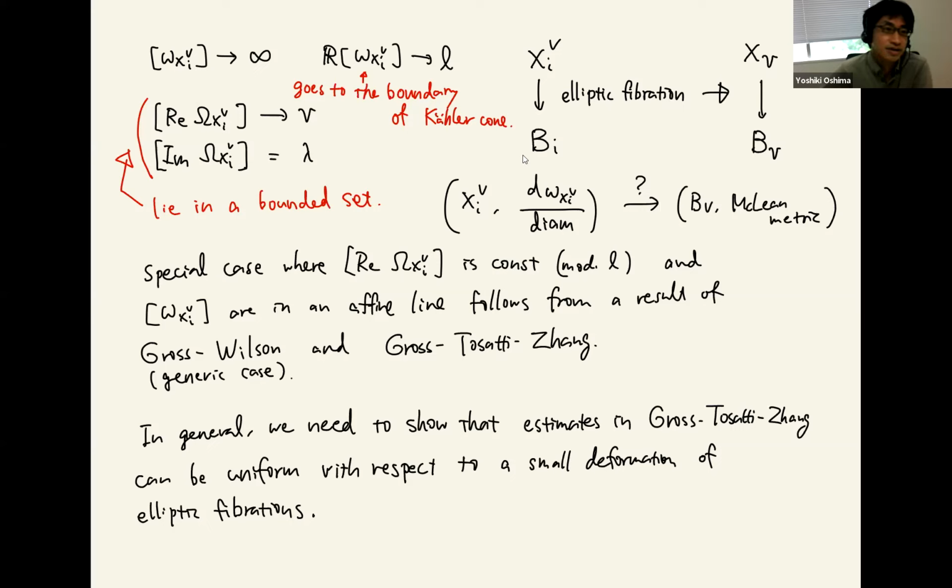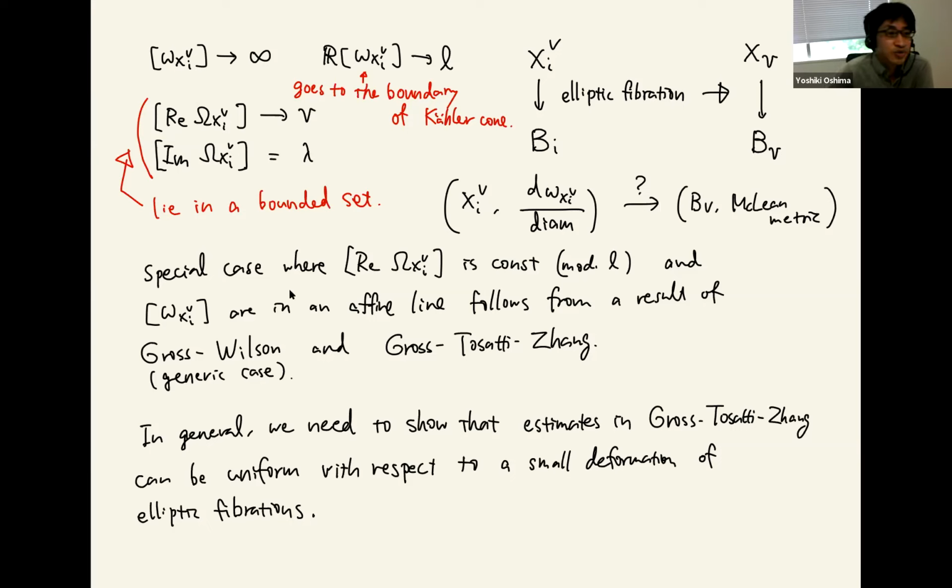And the Kähler class, by this limit behavior, goes to the boundary of the Kähler cone. And we want to prove that the Ricci-flat Kähler metric on the K3 surface goes to this Macri metric on the base.